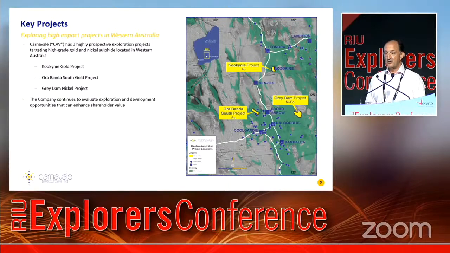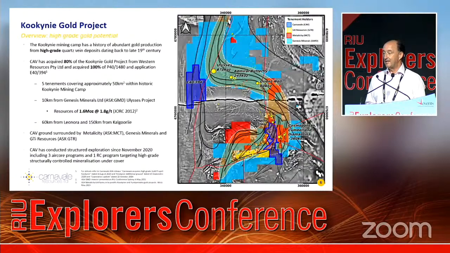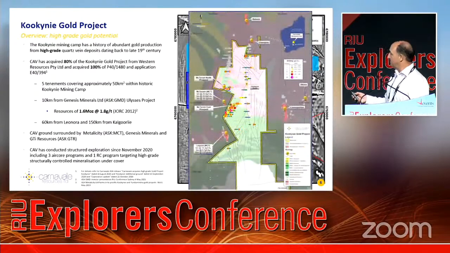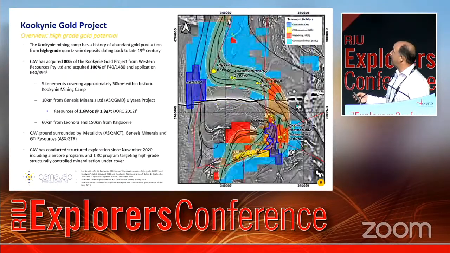So I'll focus in on Kukani, and we've heard a number of people talk about Kukani recently. High profile Genesis with their Ulysses project, and a big shout out to Mike Fowler and his team for pulling together the big project.